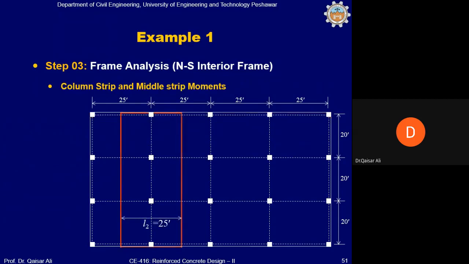Next is the calculation of bending moments along the north-south direction, interior and exterior frame. I will advise you to practice this north-south interior frame as well as the exterior frame, and after you finish your calculation in 10-15 minutes, I will share the results with you so you can compare your values.